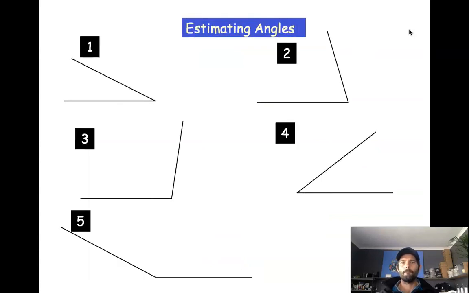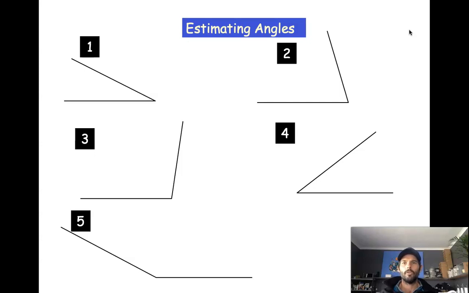Now if I asked you to estimate angles, it's always handy to be able to estimate an angle before you measure it. That gives you an idea of whether your measurement is correct or not. If you look at angle number 1, you're looking at an acute angle, so you might be thinking it's around about 45 degrees. Then you can measure it off.